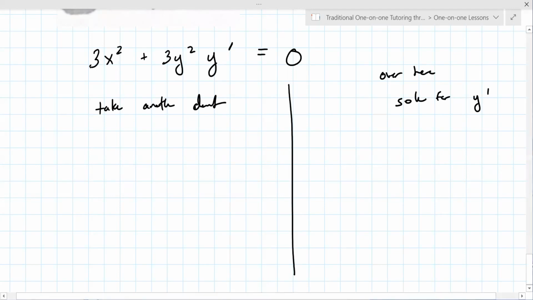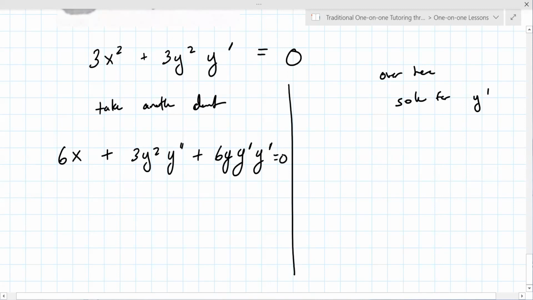So you continue, like 3x squared is 6x, plus this is product rule. Oh, okay. So I think the way we've been doing it is keep the first, take the derivative of the second, so that's y double prime, plus derivative of the first, 6y y prime times the second, which is y prime, equals 0.